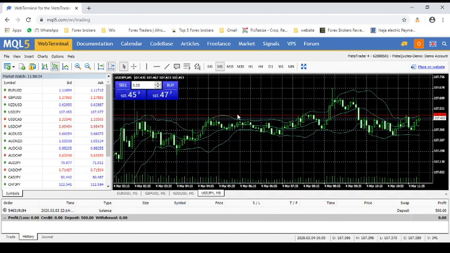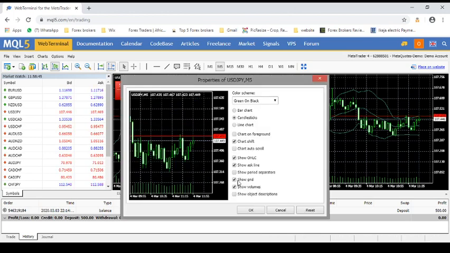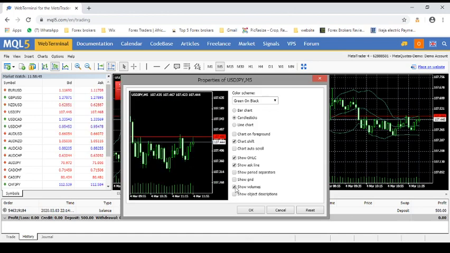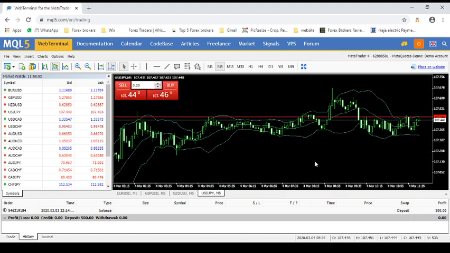Then you get this. Now I don't want to see the volumes and these lines, so I click Properties and uncheck this, click OK. So now we can see it clearly.